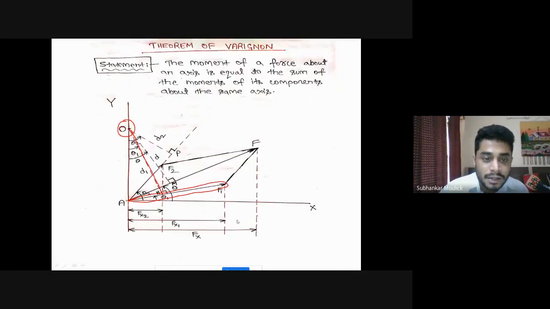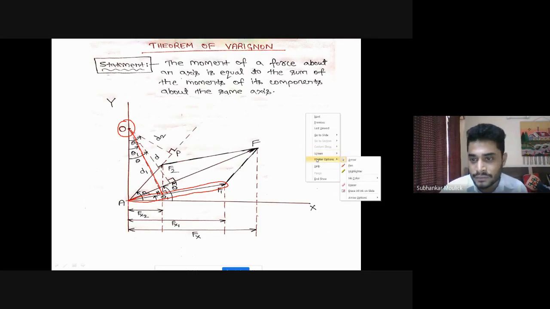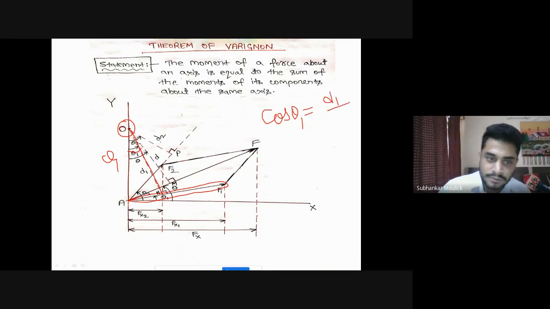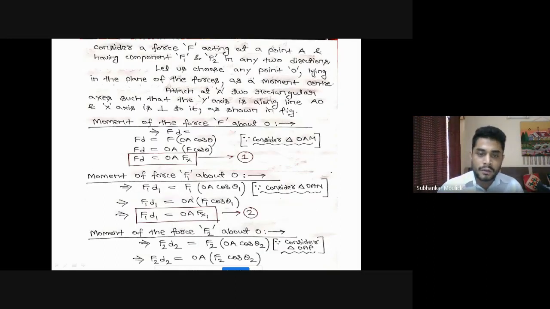If you consider this triangle O, A, N, and this is your theta 1, then cos theta 1 is equal to base, which is D1, divided by hypotenuse, the longest side of the triangle, which is OA. So you can replace D1 by OA cos theta 1.